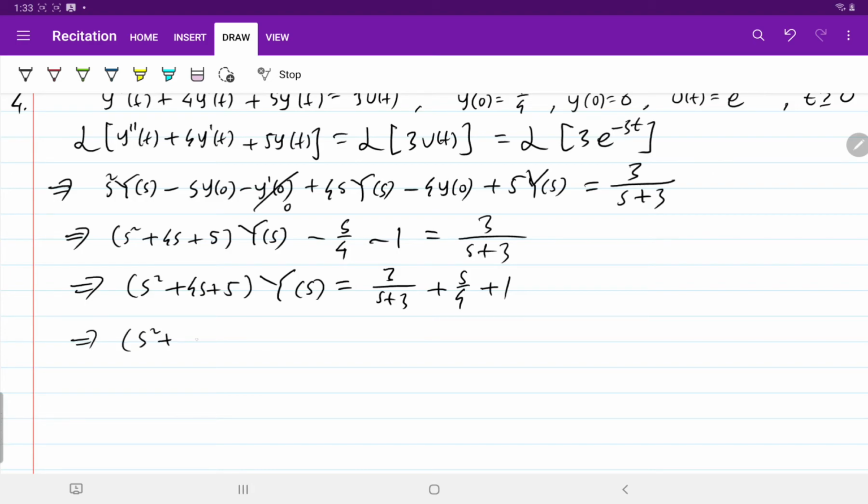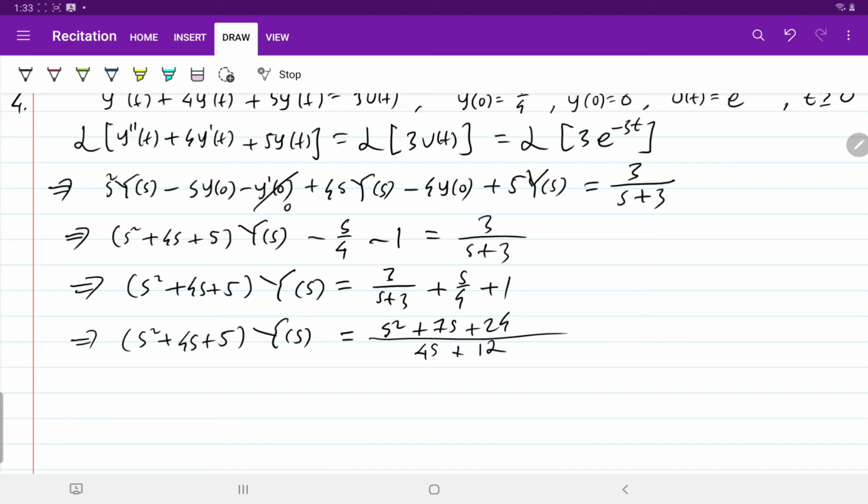So this term you can simplify, and it becomes s squared plus 7s plus 24 over 4s plus 12.